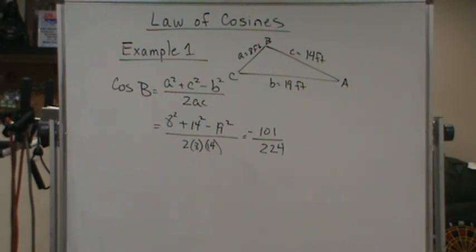Because cosine B is negative, B is an obtuse angle, because cosine is negative in the second quadrant.